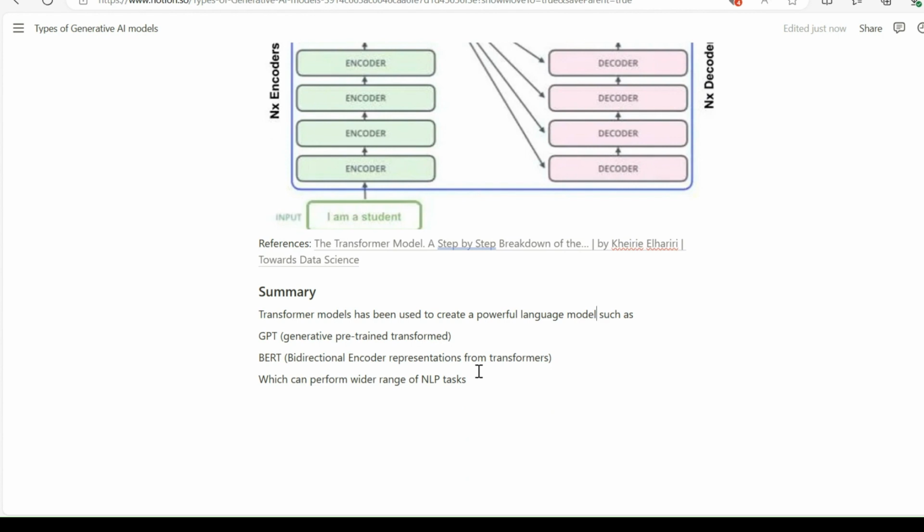This paper has brought a massive change in this industry. Transformer models can perform a wide range of NLP, natural language processing, tasks. So this was in brief about transformer models. Next we look at restricted Boltzmann machine models.